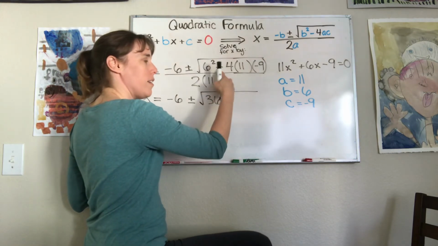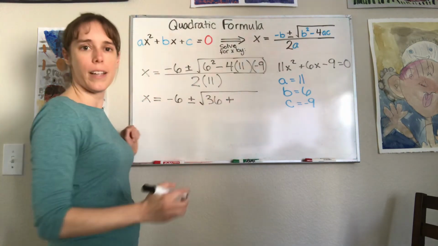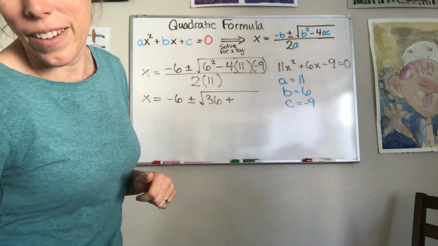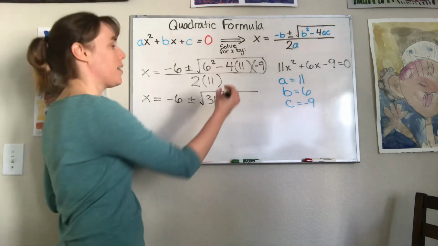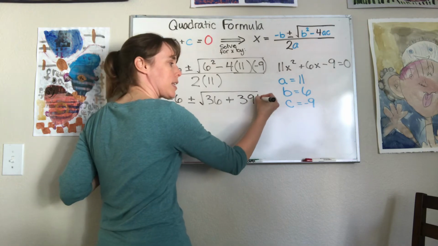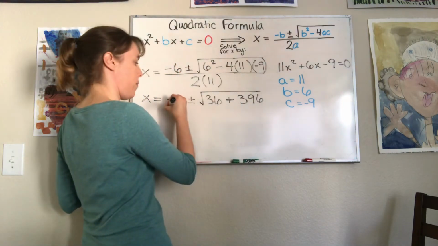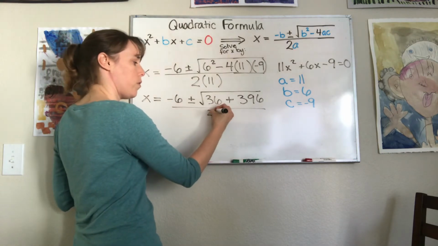We have a negative times a negative, so I know that's a positive. So 36 plus, I type into my calculator, 4 times 11 times negative 9, and I get 396. All right. I divide that by 2 times 11, which is 22.